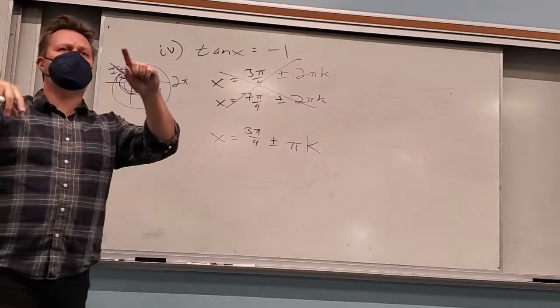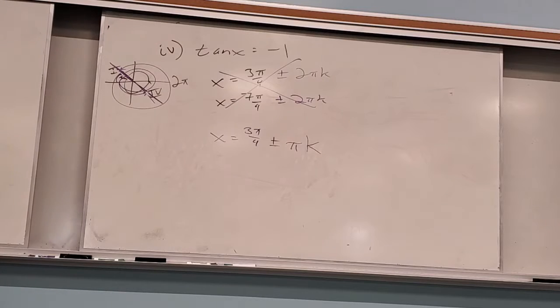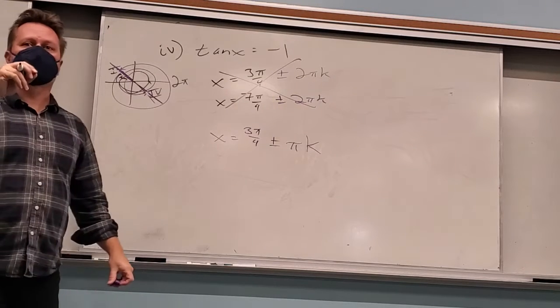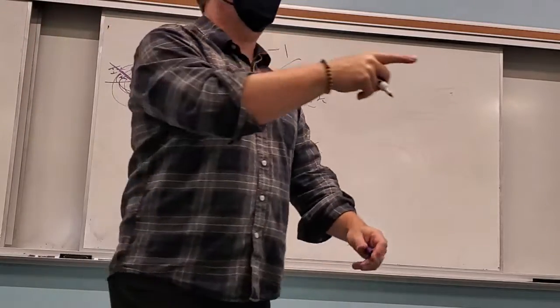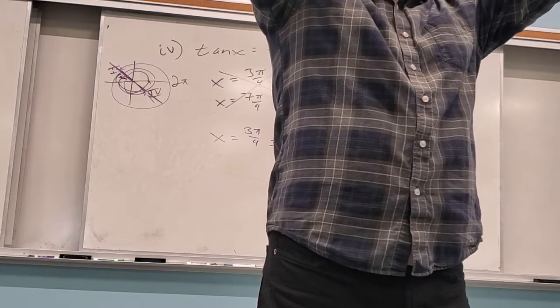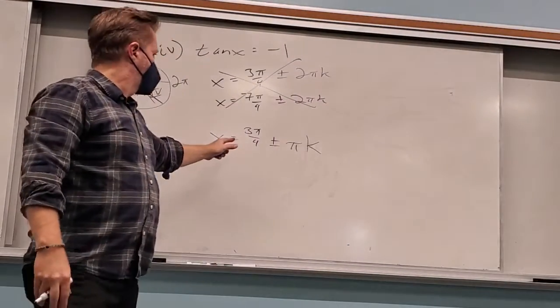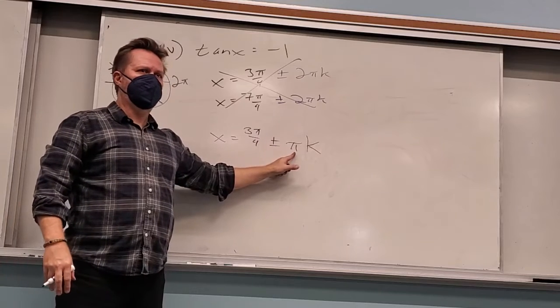Why does this make sense? What's the period of sine and cosine? 2 pi. Remember when we did the cosine problem, didn't we have to do plus or minus 2 pi k? What's the period of tangent? Pi, right?